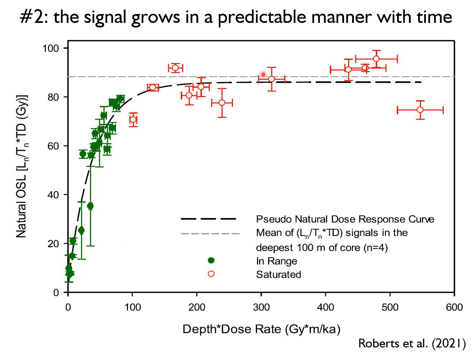And so what we can see here on the graph is that the natural signal grows. It becomes higher for a higher amount of dose absorbed in a predictable manner, but then we reach a point where the signal will eventually reach saturation, where the natural signal can no longer increase with absorbed dose.